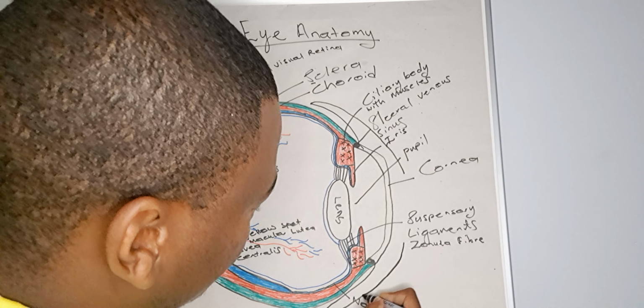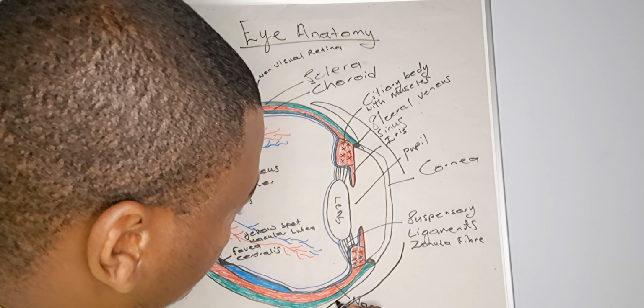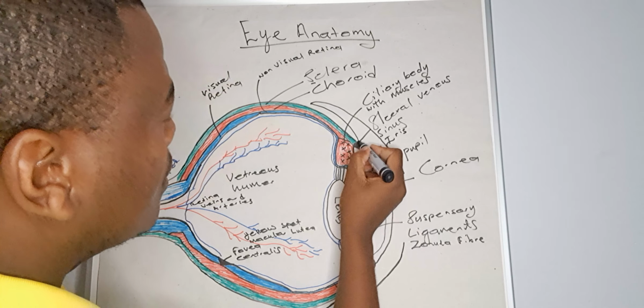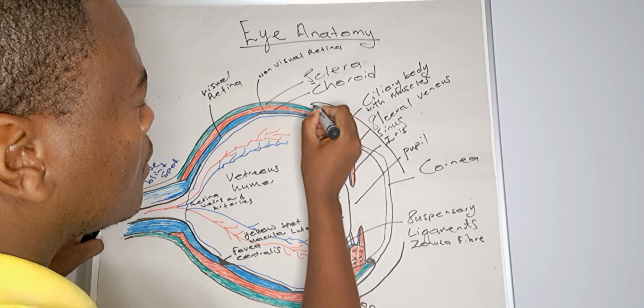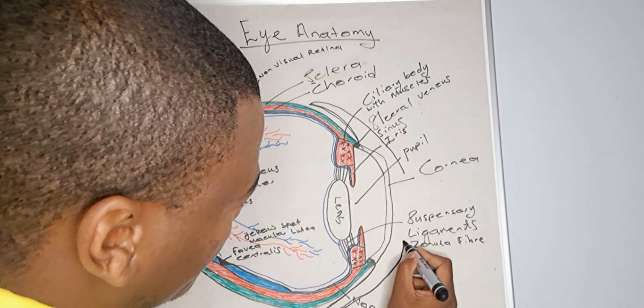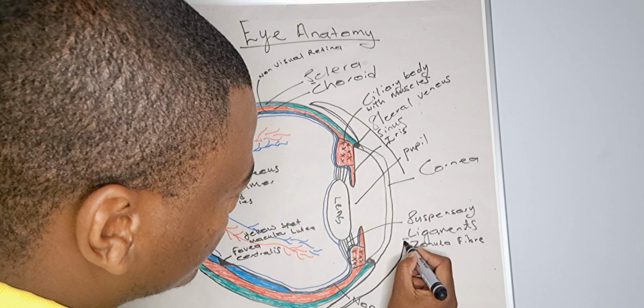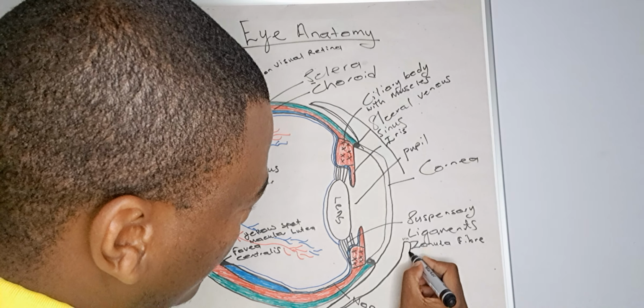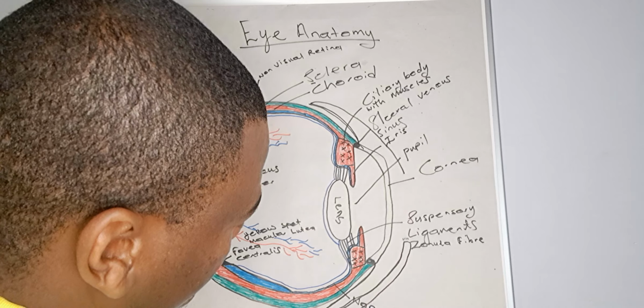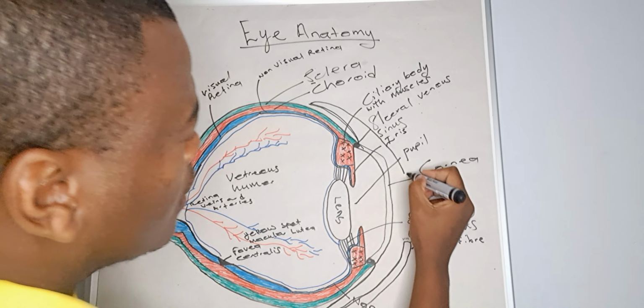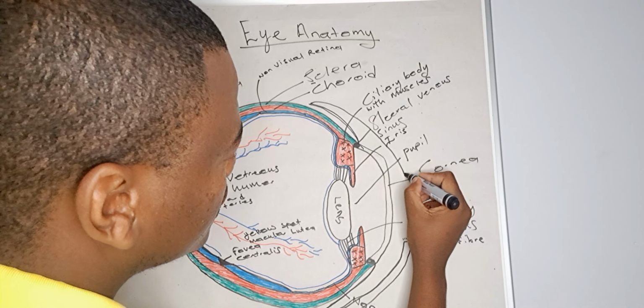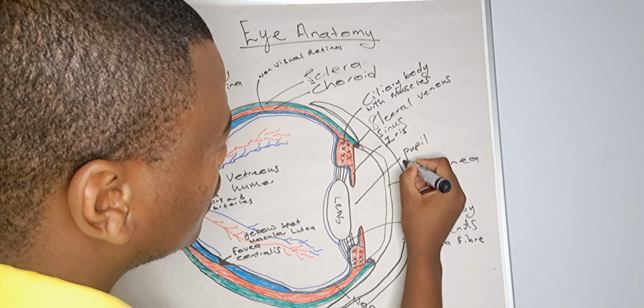This is your conjunctiva. This will be your eyelashes. This will be your eyelid.